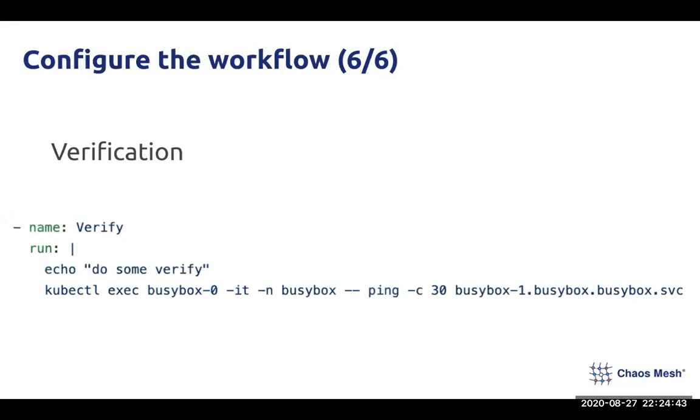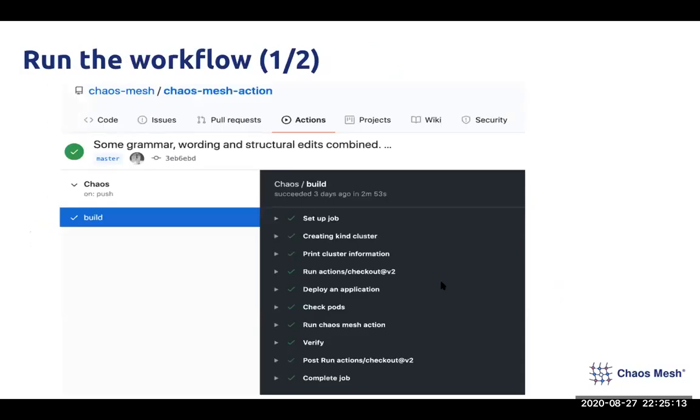Following the steps shown above, we have installed the environment, deployed the application, and injected the chaos. And then we need to verify the correctness of the system. The verification of the example is very simple. We just ping from busybox 0 to busybox 1. And we will observe the changes in network delay in the log. So the workflow is configured, and then we can file a pull request to trigger the workflow.